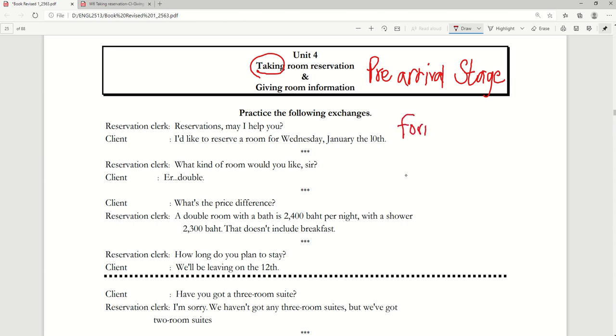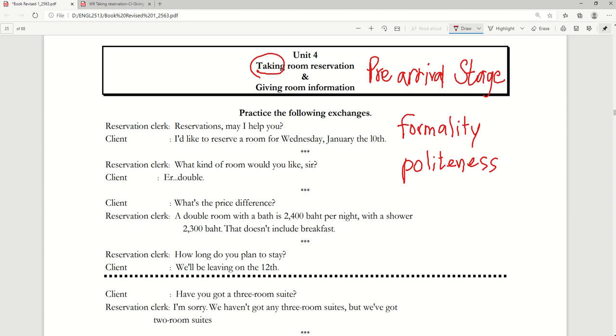So formality and politeness are the main things for using language as a tool.